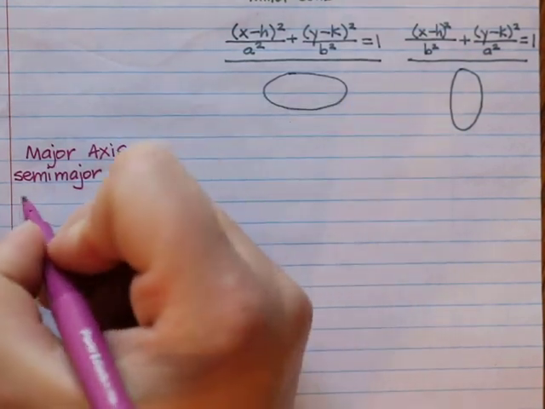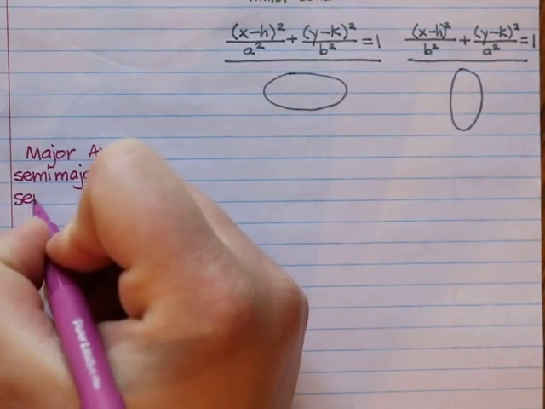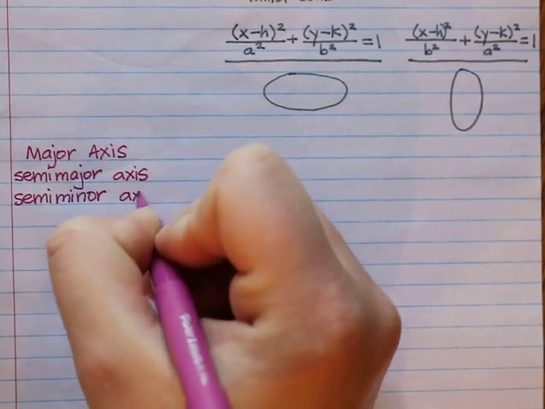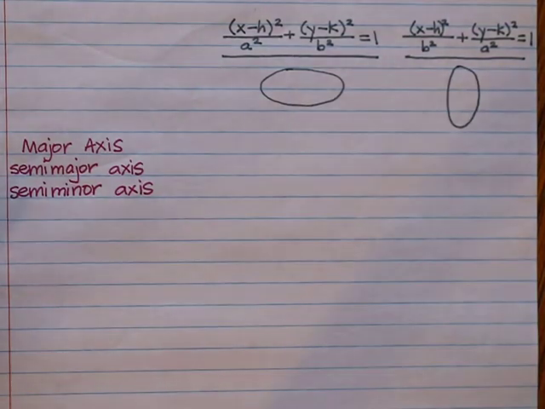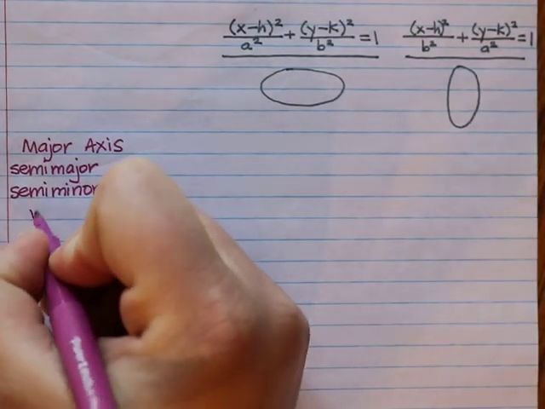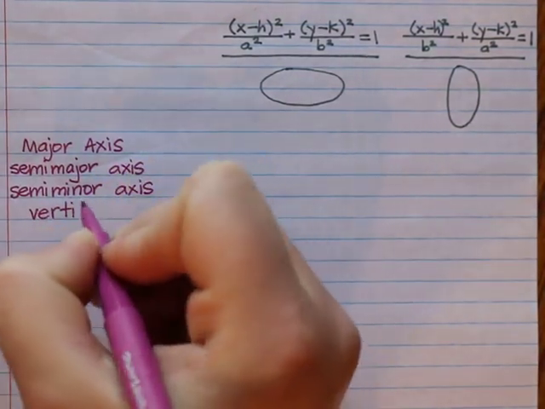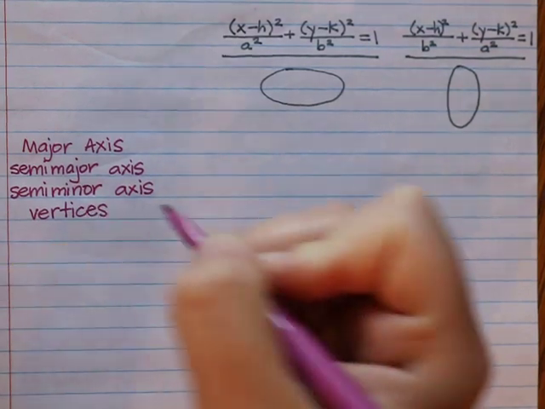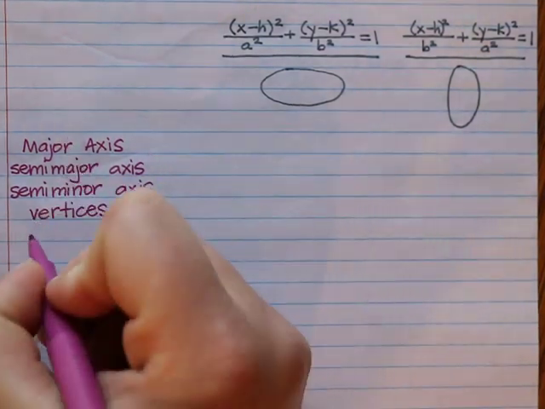We're going to talk about the semi-minor axis. That is such a funny word, semi-minor, but all it means is half of the minor axis. So it'll make more sense here in a second. We're going to talk about where our vertices live. We're going to talk about where our co-vertices live.